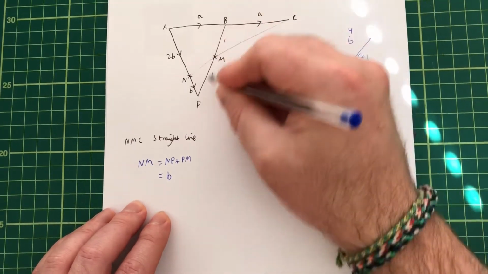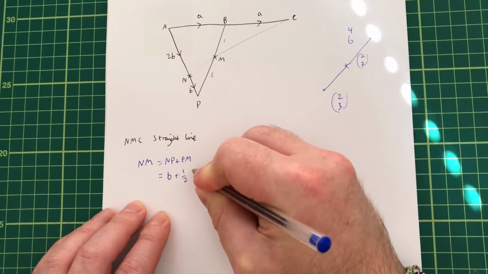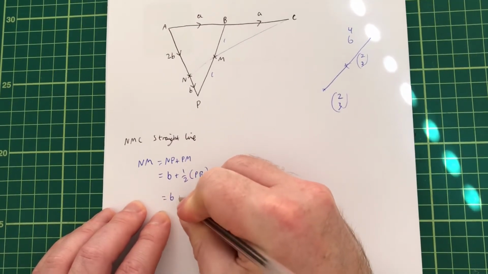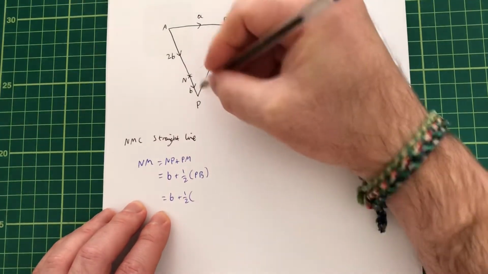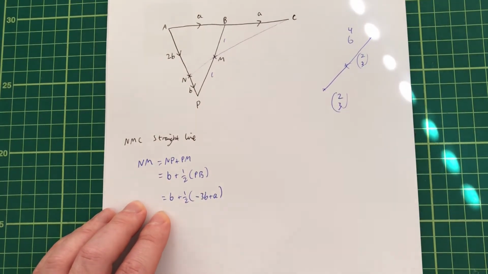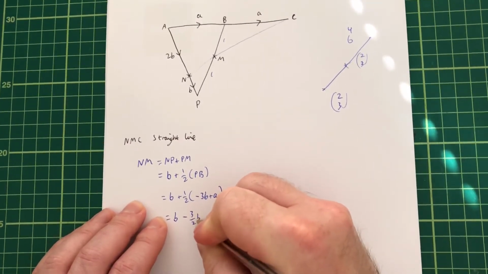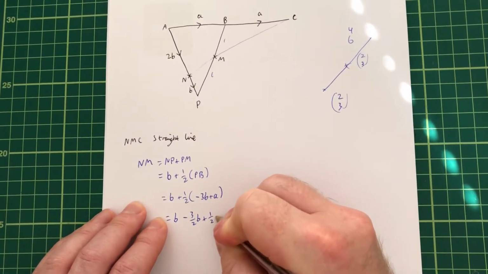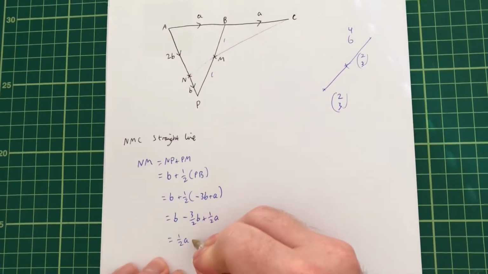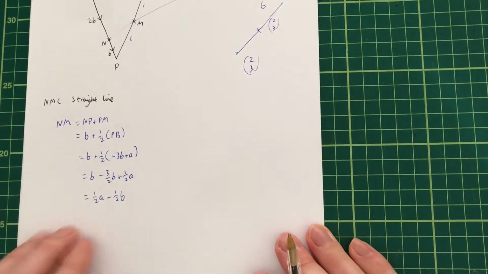So the midpoint of P to B, so plus a half of P to B. Now P to B we can work out is minus 3b plus a. We can expand this, so that equals b minus 3 over 2 b plus a half a. Collect like terms, so equals a half a minus a half b. So this is N to M.